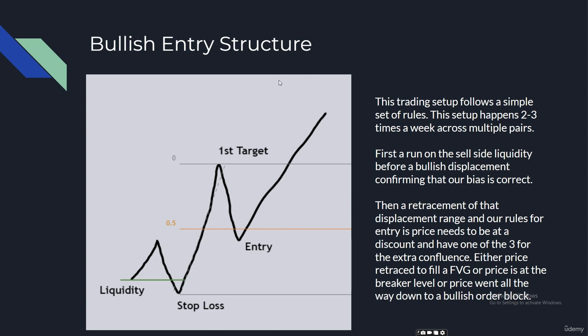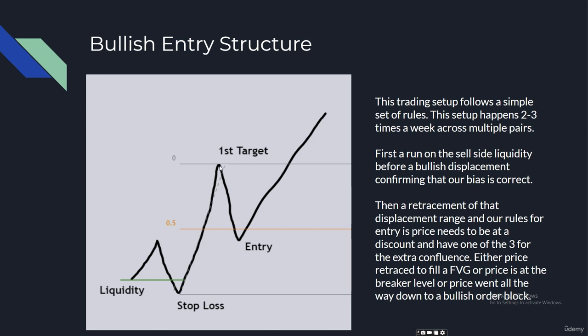This trading setup follows a simple set of rules, and this setup happens 2 to 3 times a week across multiple pairs. First, a run on the sell side liquidity here before a displacement, and with that confirms that our bias is correct.